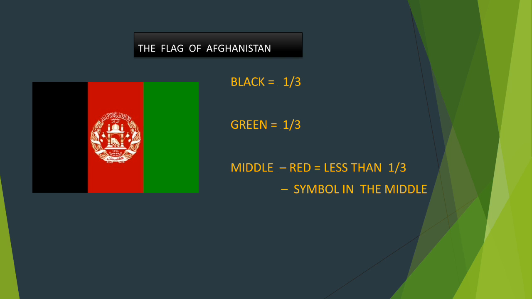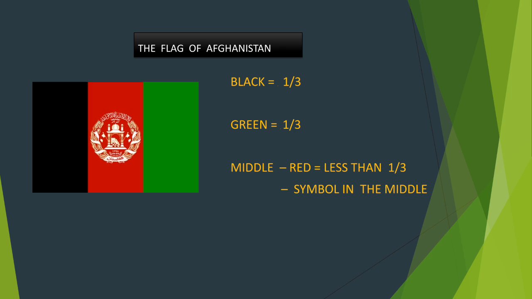Next example, flag of Afghanistan. Here also we are having 3 colors, black, red and green. We can easily find black, total 3, black color is 1, so 1 by 3, green also 1 by 3. Middle red color, is it 1 by 3 or not?